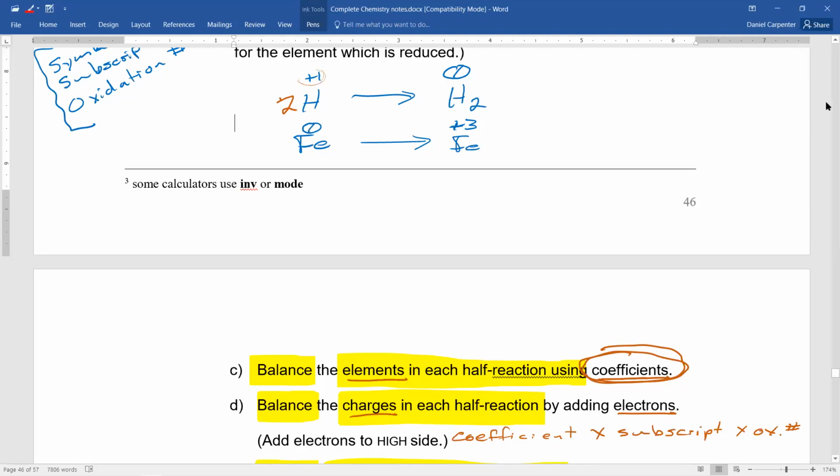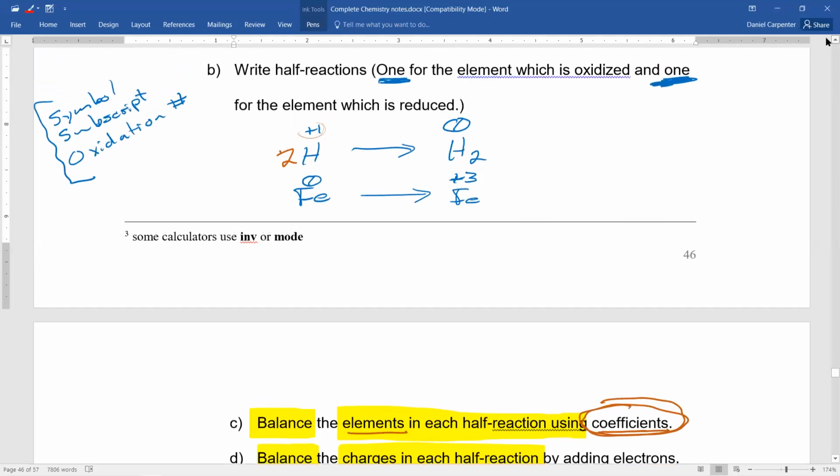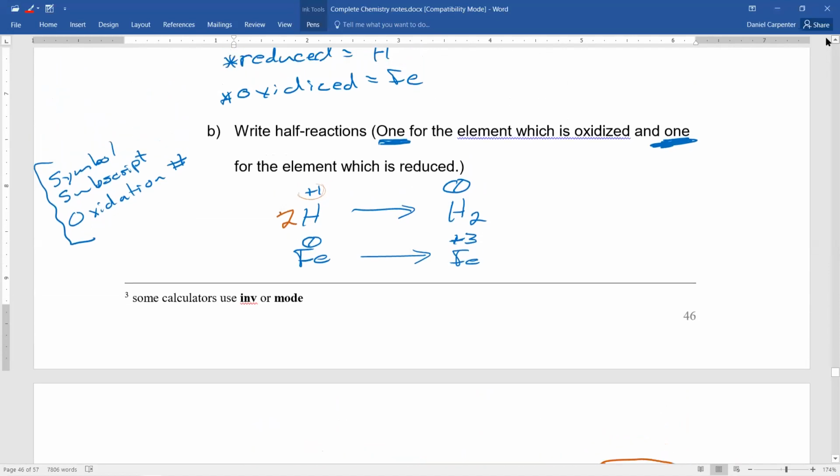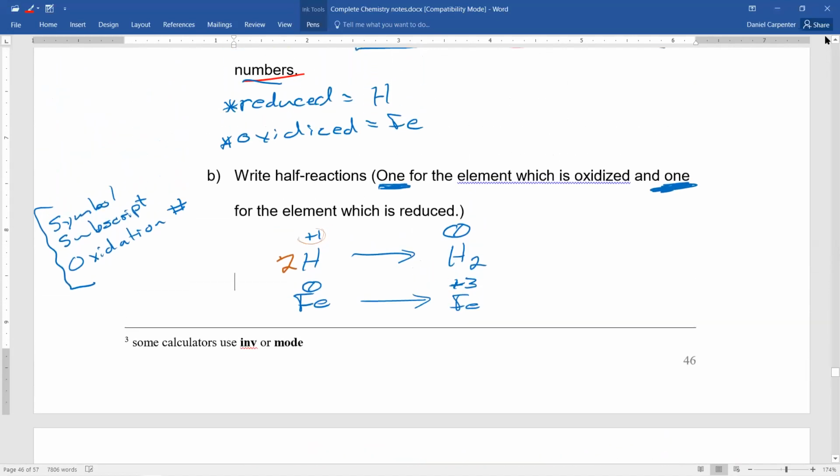Yes, Mandy. You can unmute yourself and ask your question. What if the left H, like back up to the bottom of the last page, had a coefficient, like 4 instead of an understood 1?